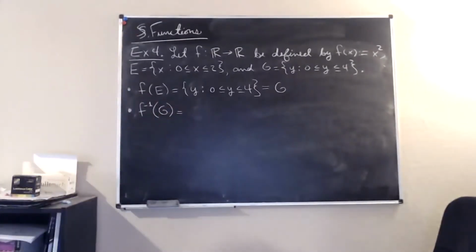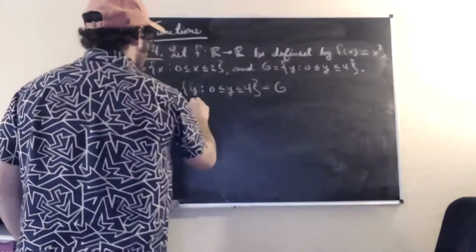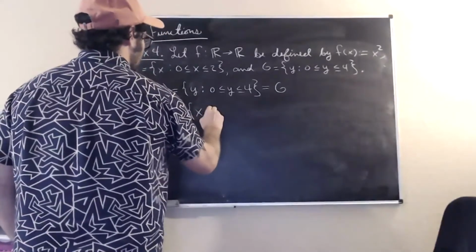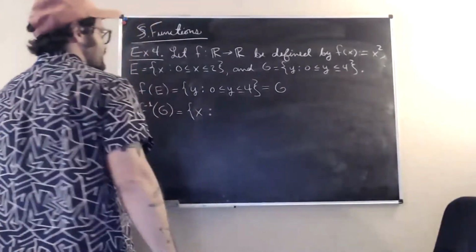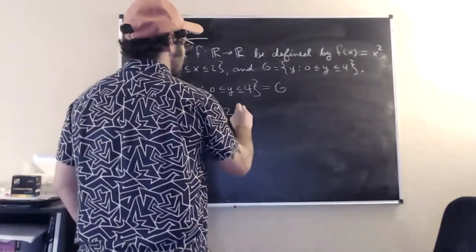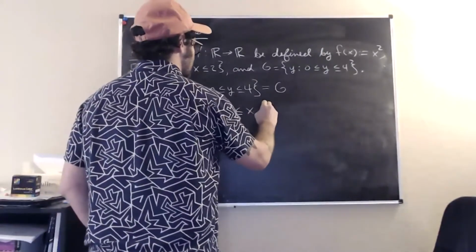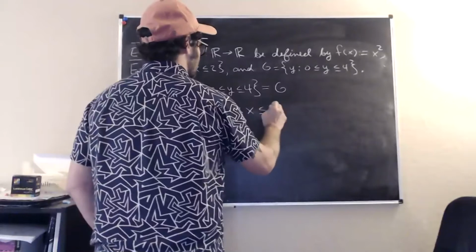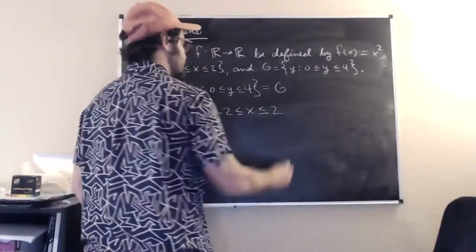What's that set? Well, the inverse image of G is the set of all x such that -2 is less than or equal to x, which is less than or equal to 2.